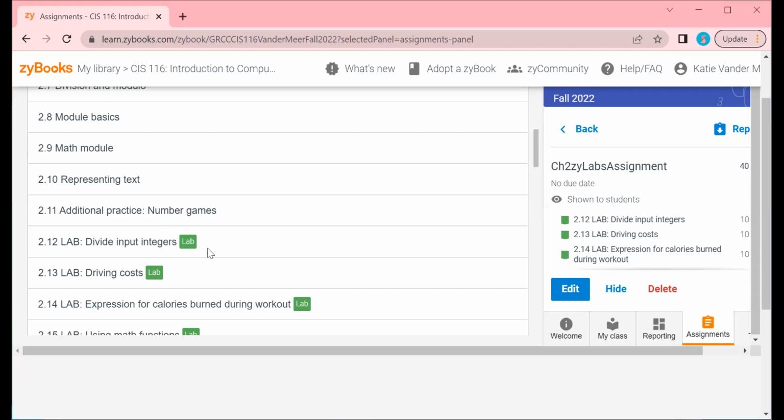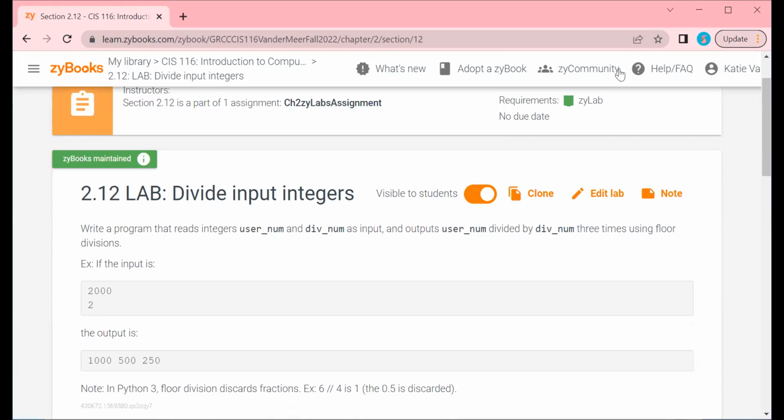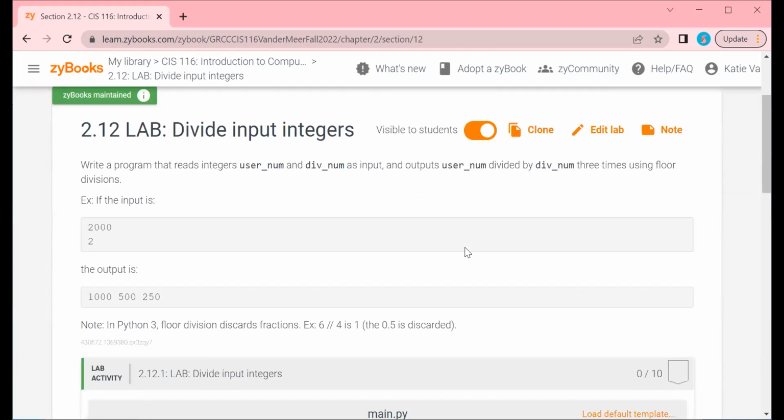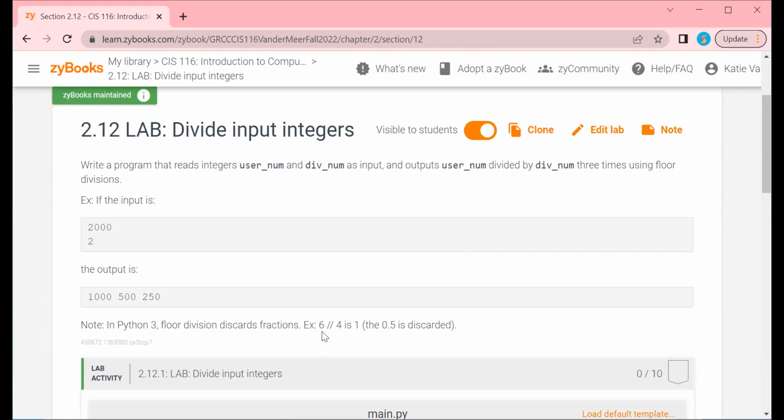So we're going to look at 12.12 first. This program, I don't want to make it any smaller to see the whole screen, but what we're going to use with this program is the floor division operator.